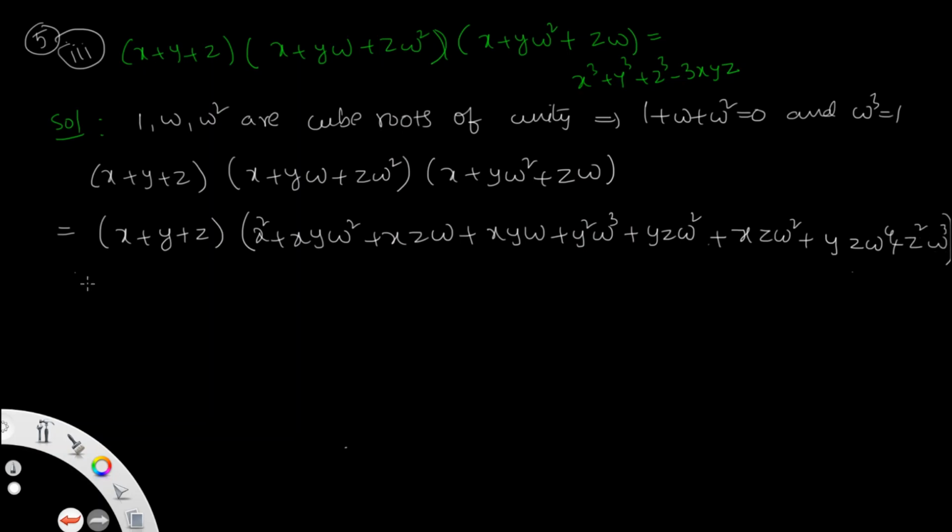So that is nothing but (x + y + z) times x² as it is, plus the y² term. The y² term has ω³, which is nothing but 1, and the last term is z², which is also z². Next, I am taking xy as common. Here xy has ω, and another xy has ω², that is ω + ω² as common.